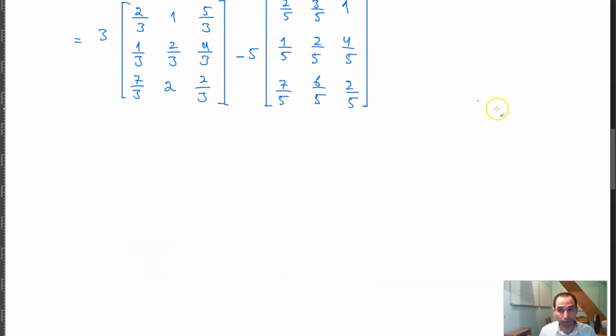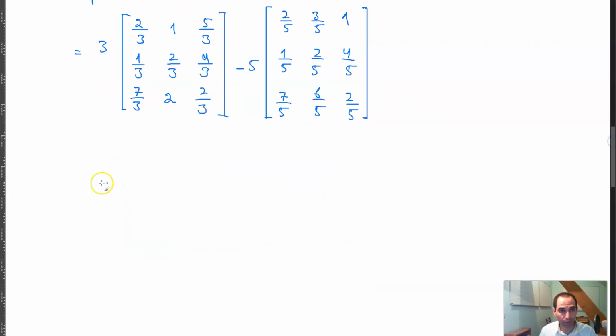By multiplication, we have 3 times 2/3 is equal to 2, 3 times 1 is equal to 3, that's 5, that's 1, that's 2, that's 4, that's 7, that's 6 and 2.